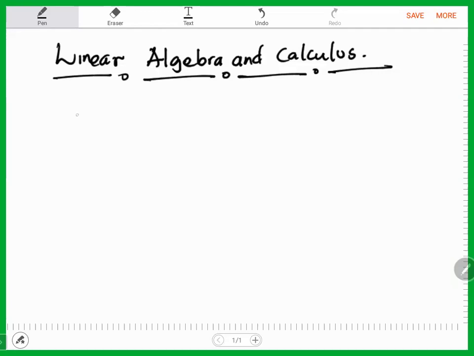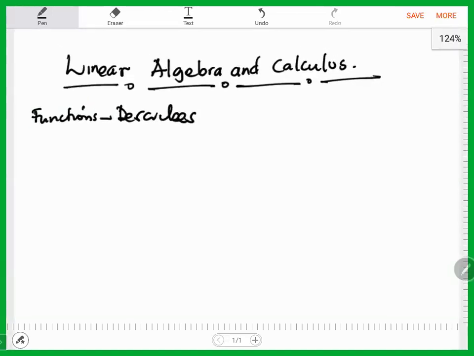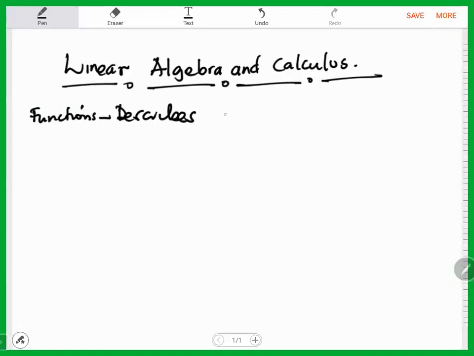A function describes mathematical relationships between two or more variables.